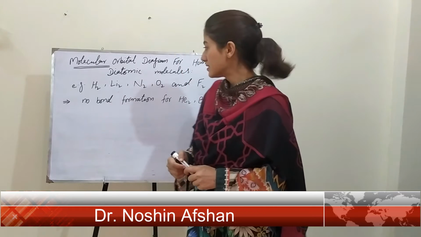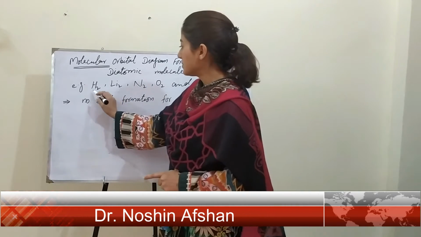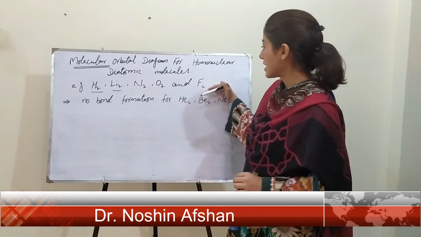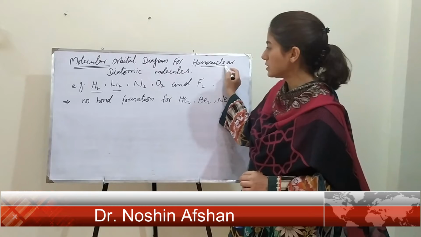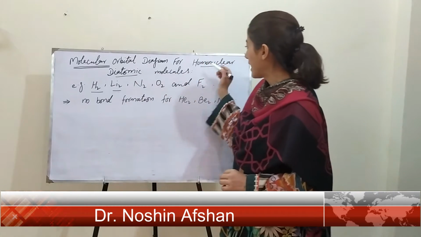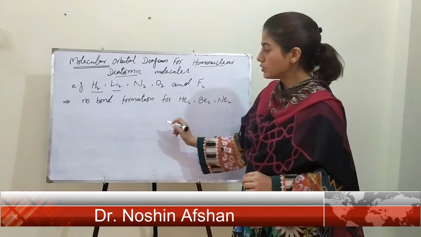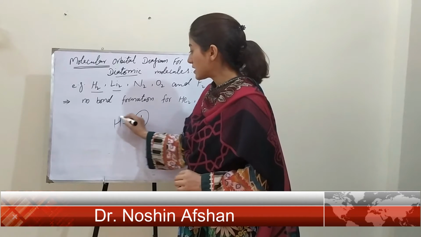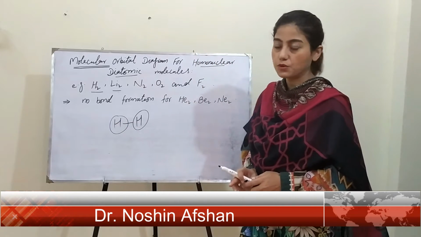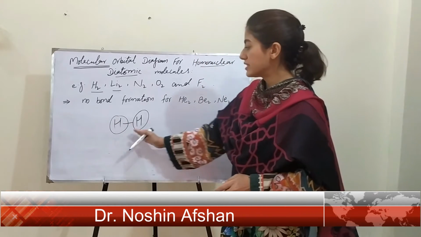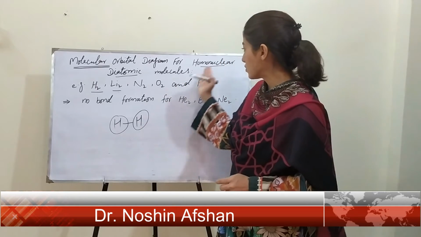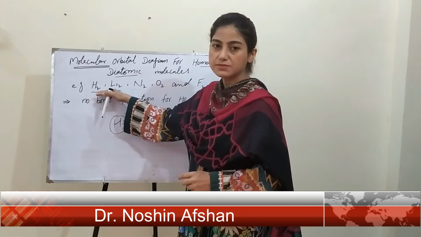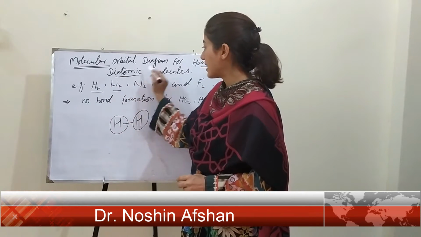So let's start. First of all, let me make it clear to you why these type of molecules are called homonuclear diatomic. As the homonuclear term indicates, the two atoms are identical. Owing to their similarity with each other, they are called homonuclear, and as they consist of two atoms, these are called diatomic.